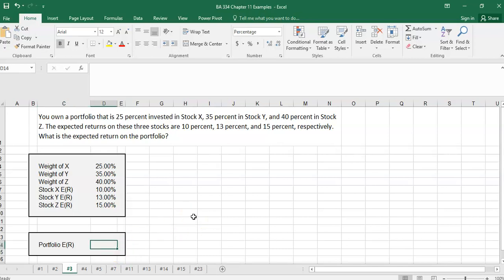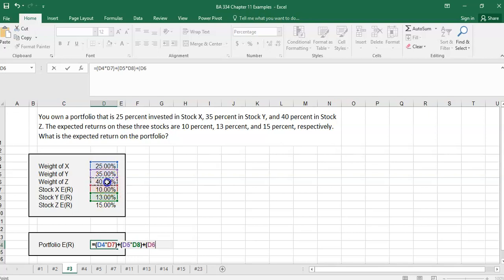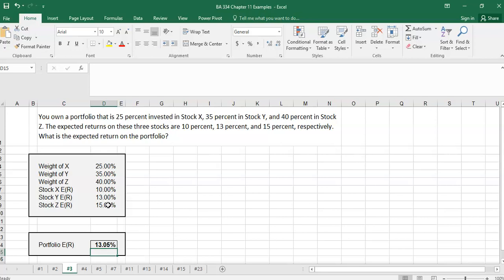So for the portfolio expected return, we will take the weight of stock X times the expected return of stock X plus the weight of stock Y times the expected return of stock Y plus the weight of stock Z times the expected return of stock Z. We then get an expected return on this portfolio of 13.05%.